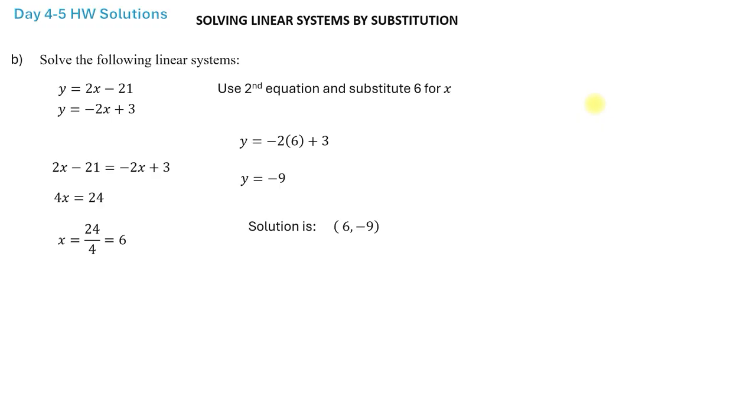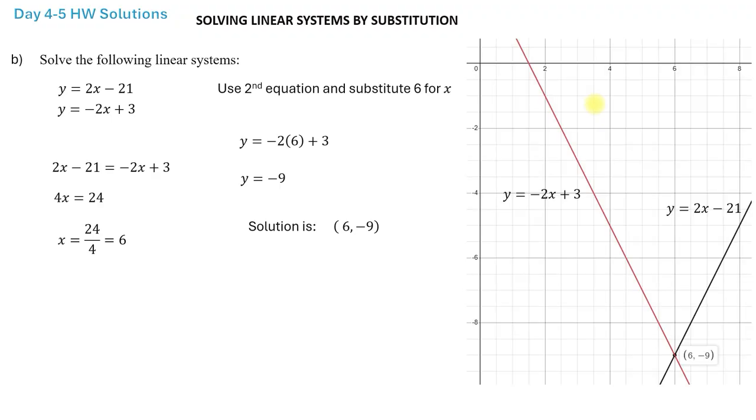My solution is 6, negative 9. And again, if I wanted to, I could graph it. When I graph these two equations, I can see that the lines intersect at the point 6, negative 9.